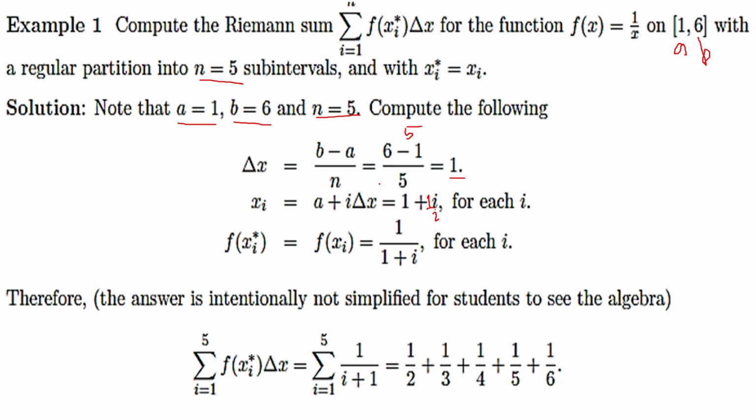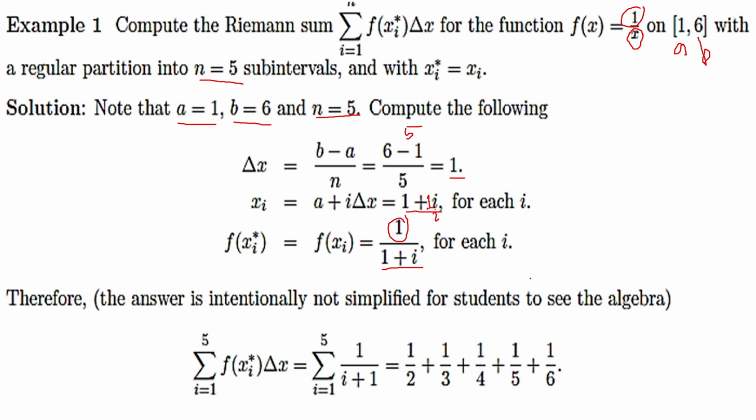In here, this is 1, this is 1, right? Our x here is 1 plus i, so you just copy. Let's make it in algebra. The answer is intentionally not simplified for students to see the algebra.